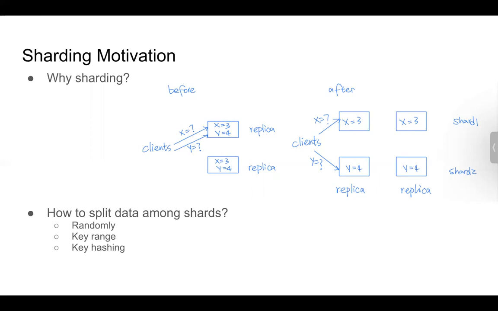But how do we split the data among shards? We can do it randomly. However, it can be hard to find the data if we do it randomly. We can do a key range. We can find the data easily this time, but it is hard for us to make it randomized.